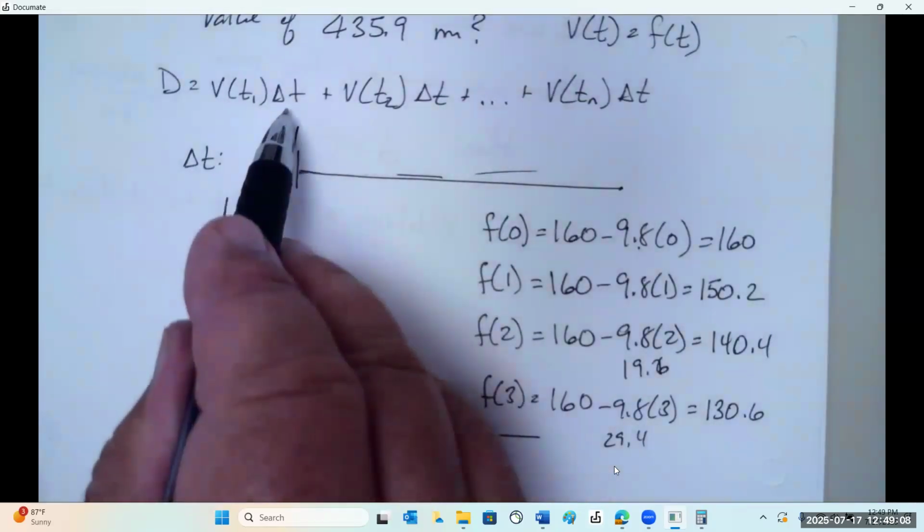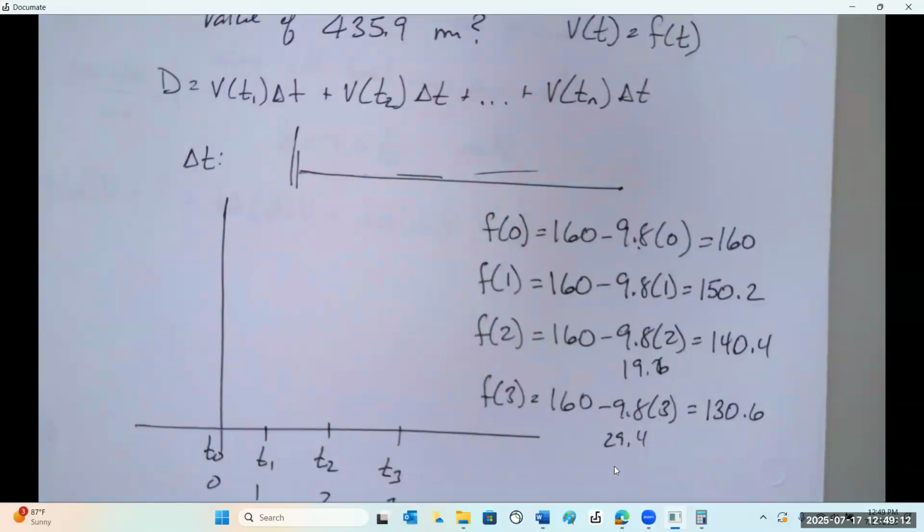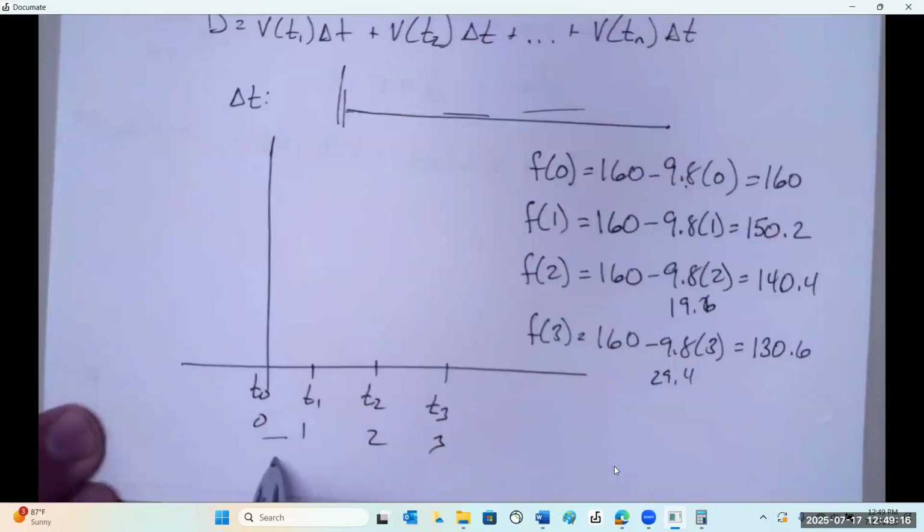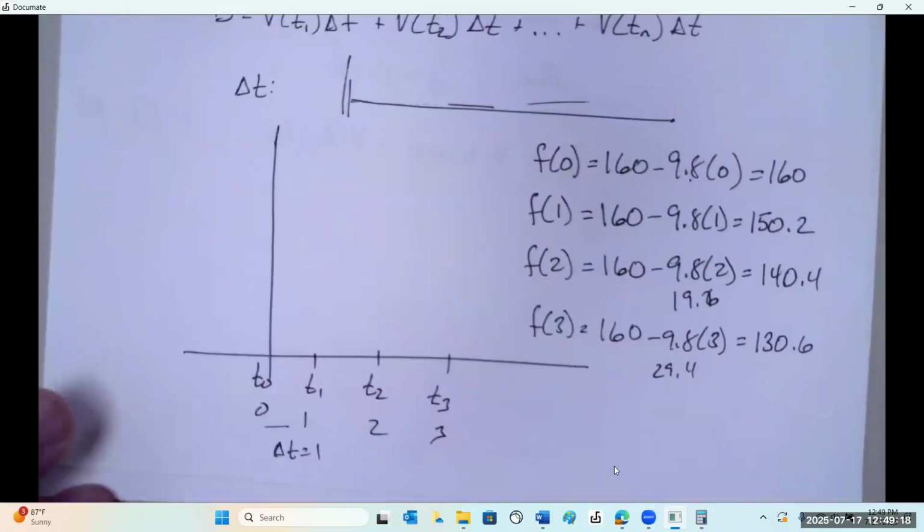What's our delta t? Well, we're going from 0 to 1, so delta t is 1.